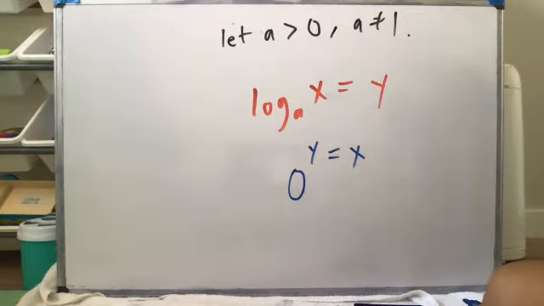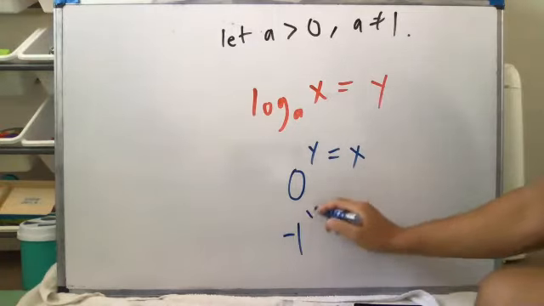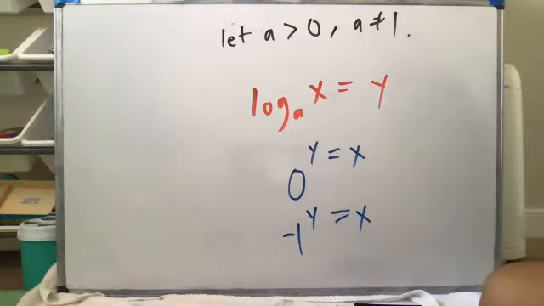Should be undefined, if I remember right. Log base a to the x is equal to x. So 0 would have no solution. And then if it's smaller than 0, then it's going to be undefined. Is that right? Negative number to the y is equal to x. Something like that.